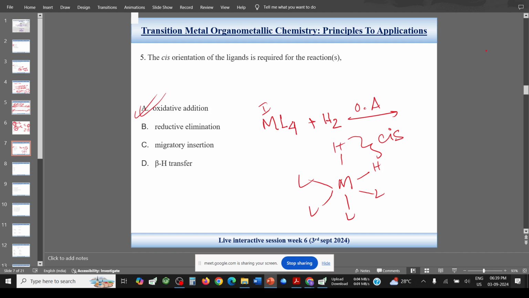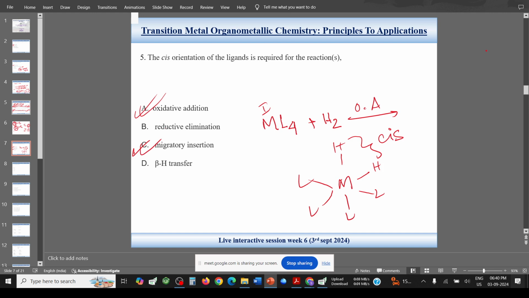Another correct answer is the migratory insertion reaction. Though we have not discussed this in this series, we are going to discuss it when we discuss catalysis. Some Wilkinson catalysis, some carbonylation reaction, Monsanto acetic acid synthesis reaction. There we will have another term, migratory insertion reaction. So there also the cis orientation is required.